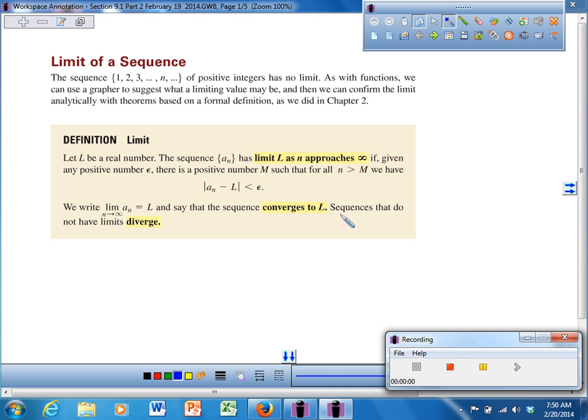So this is our basic step towards looking at series. What we'll do today is determine if a sequence converges or diverges. A sequence is said to converge if the limit of the sequence as n goes to infinity approaches a number. Then the sequence converges to that number.